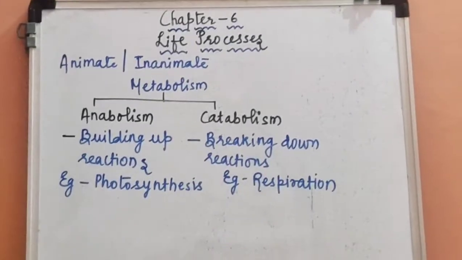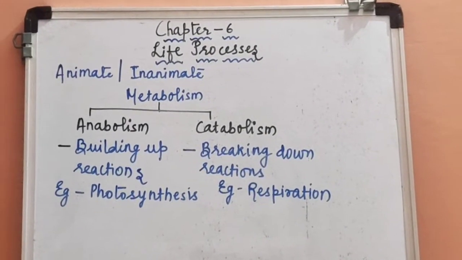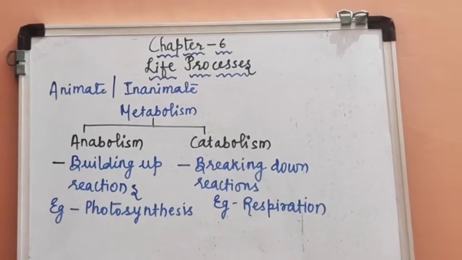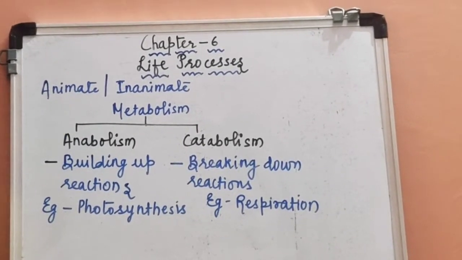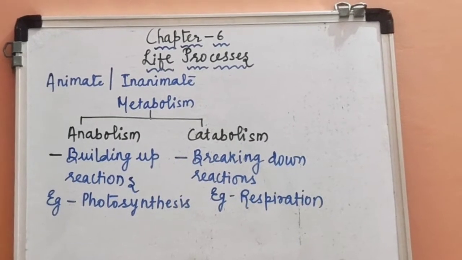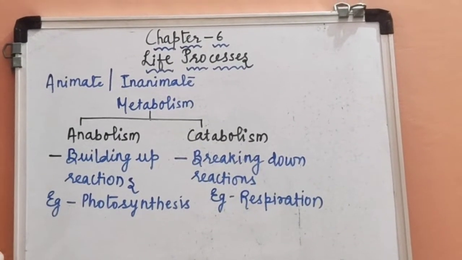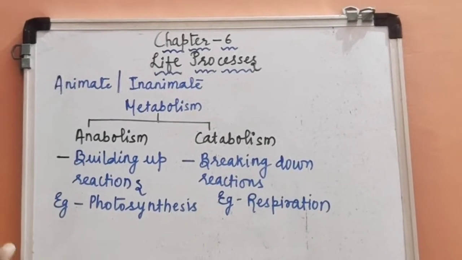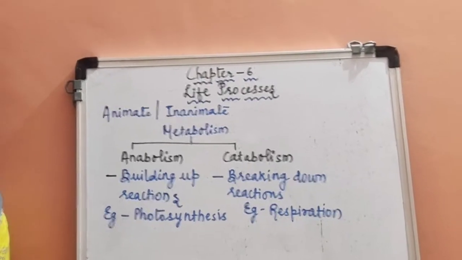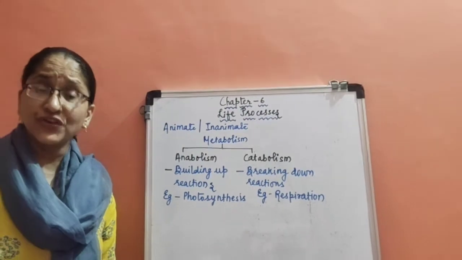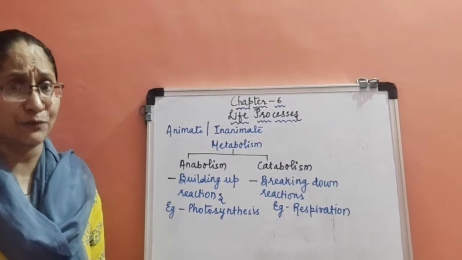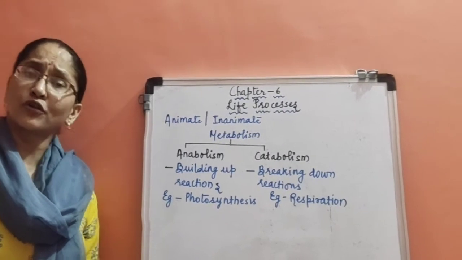That means glucose gets broken down to produce carbon dioxide and water. So these metabolic reactions which are taking place in our body are referred to as the various processes. The life processes which take place in our body are activities like digestion, respiration, circulation, transportation in case of plants, excretion and osmoregulation.